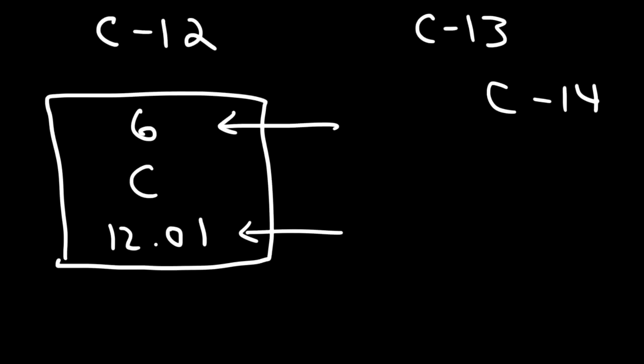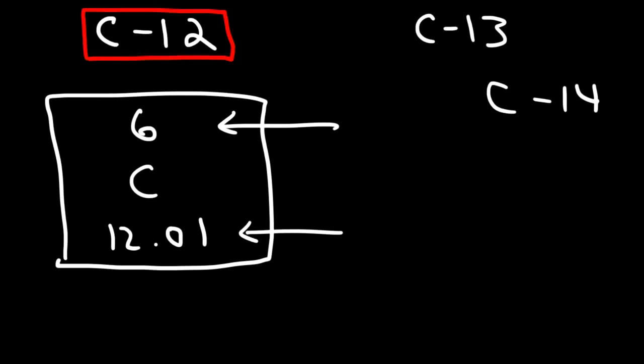Now here's a question for you. Which of these 3 isotopes is the most abundant isotope of carbon on Earth today? Well, because the average atomic mass is closest to 12, carbon-12 is the most abundant isotope.